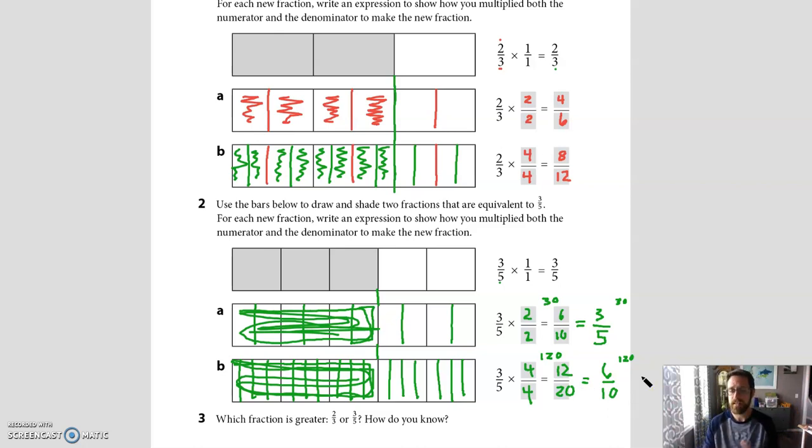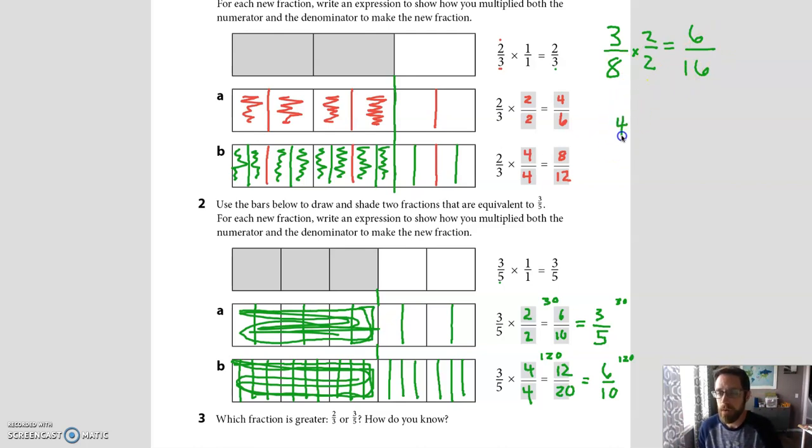Making equivalent fractions. The key is whenever you make equivalent fractions, you have to multiply the numerator and denominator by the exact same number. So I'll give you one example here. If I have the fraction 3/8 and I want to make an equivalent, I could just multiply times 2/2, and I would get 6/16. Well, 3/8 is equivalent to 6/16. Or if you want to simplify, you could divide both numbers.